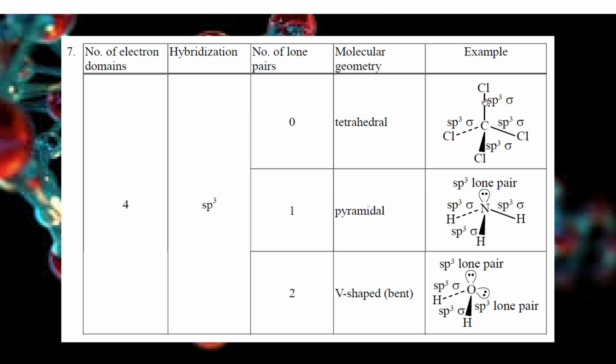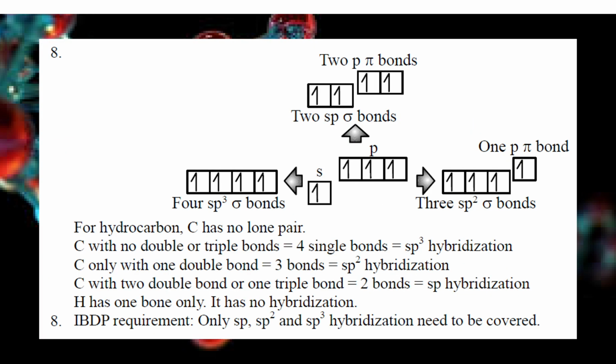And tetrahedral, 4 bonds, so sp3 hybridization. Remember, lone pairs also hybridize. Only pi bonds cannot be hybridized. So think about carbon: a single bond, sp3. One double bond, sp2.